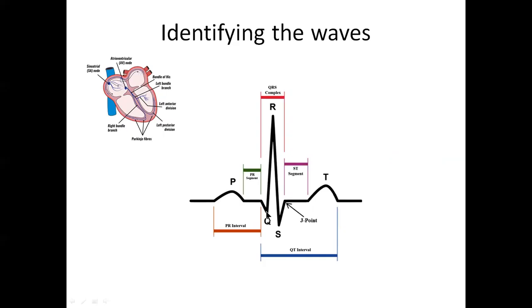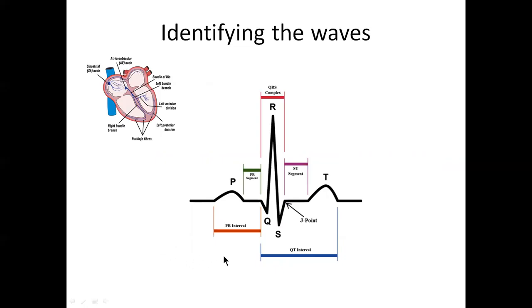The first downward deflection is called the Q. First upward is called the R, and the one after that is called the S wave. And then where the S wave ends is called the J point. And then you have the T wave. So P, Q, R, S, and T.